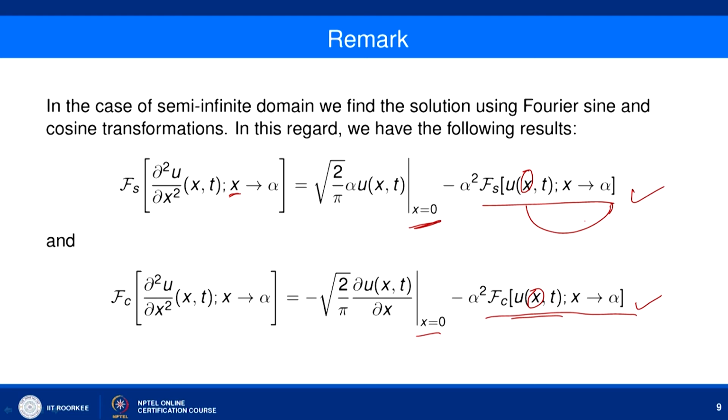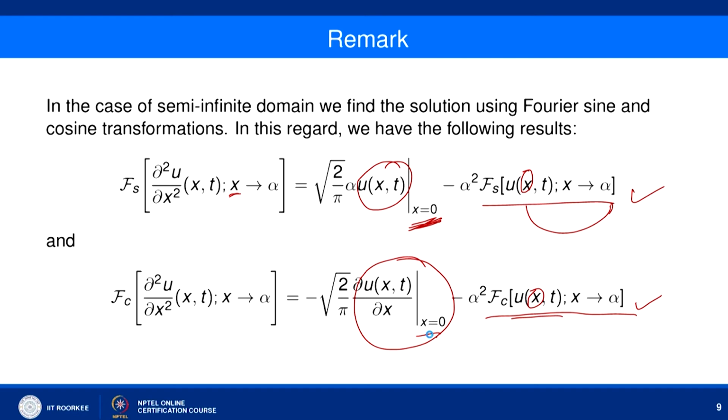If you look at these two formulas, if we apply the Fourier sine transform, then I need the value of u at x = 0, but if we apply the Fourier cosine transform, then I need the value of ∂u/∂x at the point x = 0. This gives you the idea of whether I should apply the Fourier sine transform or the Fourier cosine transform.